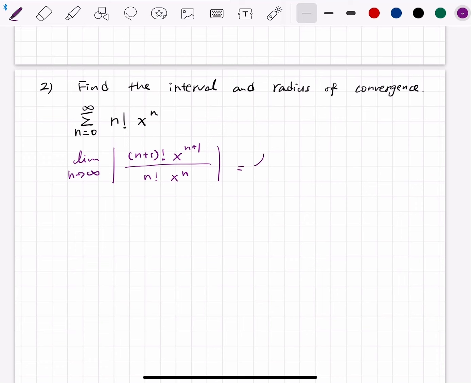Simplify them. The (n plus 1) factorial and n factorial will cancel out and we just have n plus 1 on the top. And the x to the n plus 1 and x to the nth power will cancel out and we just have the x on the top.